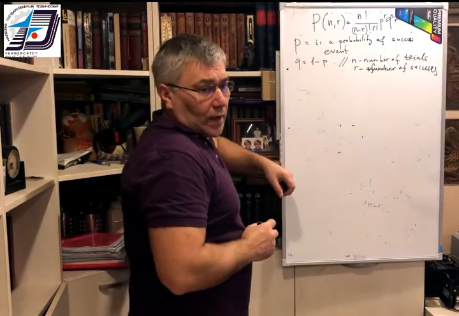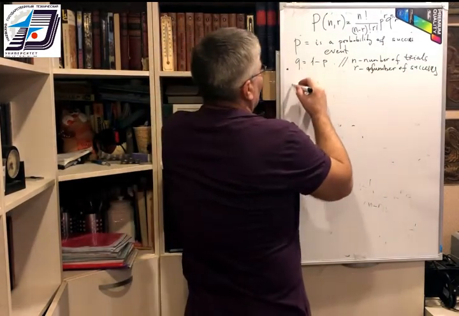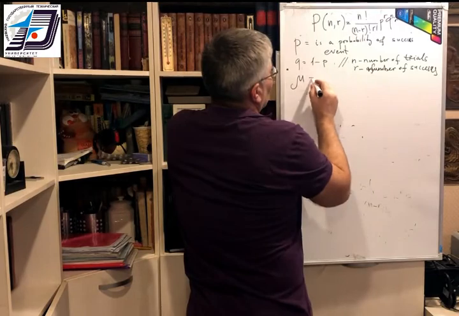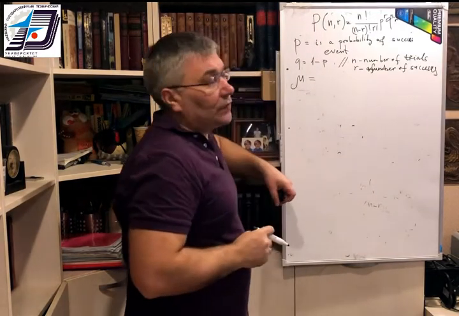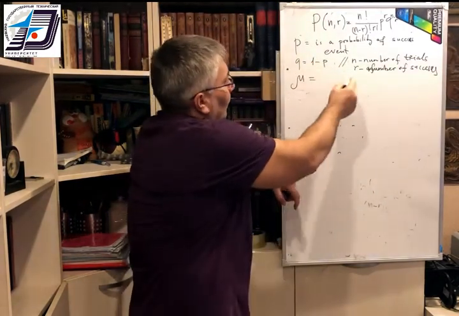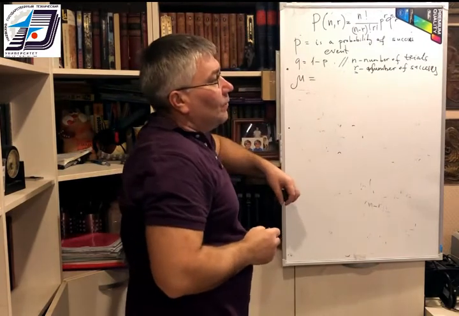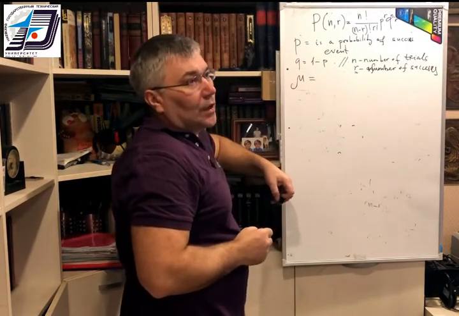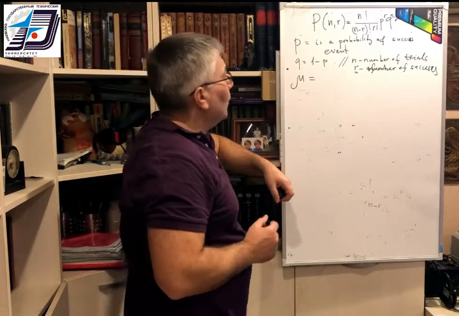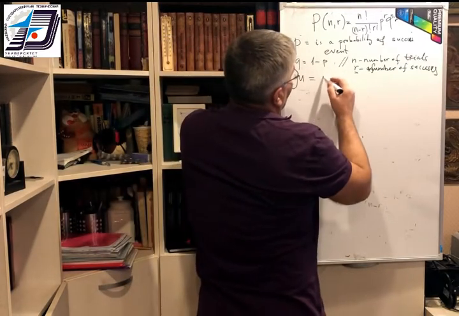Moreover, we calculated mu, which is the expected value of r, or we say math expectance, or mean value or average value, and it equals np.